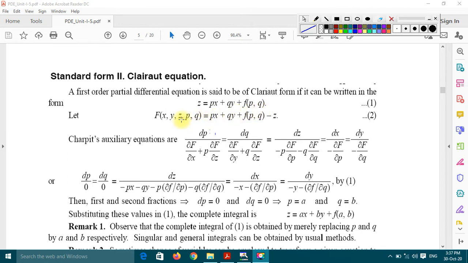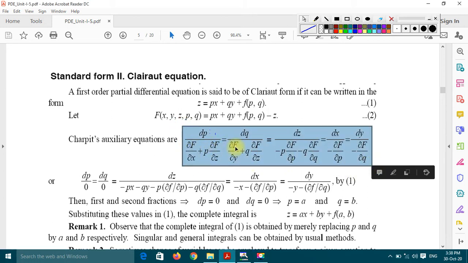For finding the solution, we assume that capital F, because here we used small f, is the function of x, y, z, p and q, which is written as px plus qy plus f(p,q) minus z, which is equation number 2. And this is Charpit's auxiliary equation.